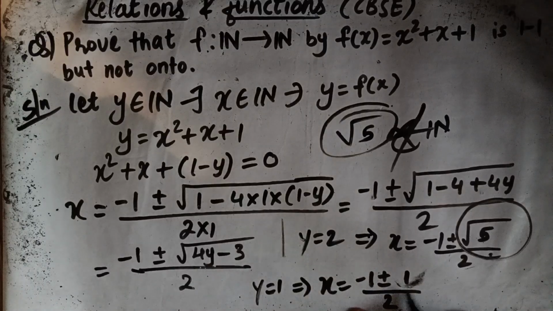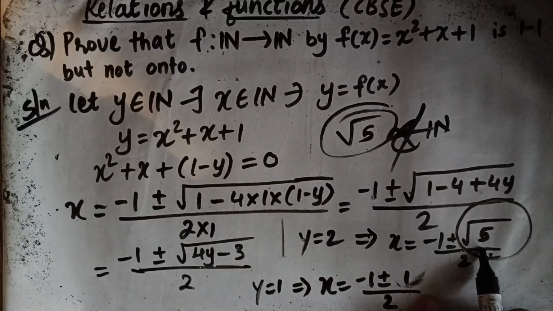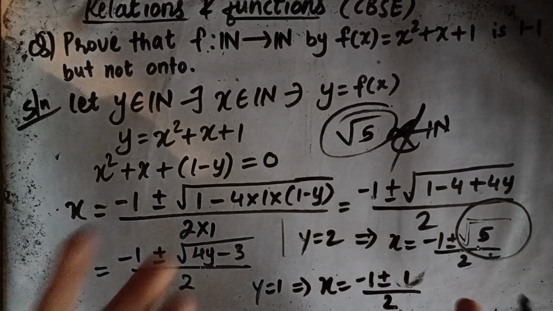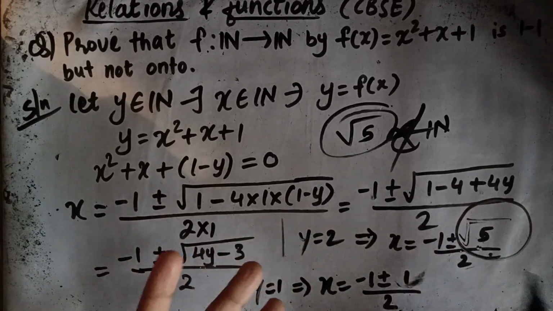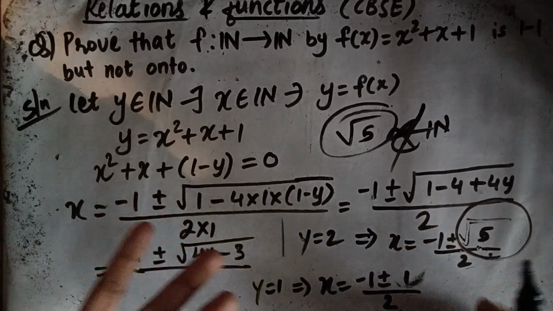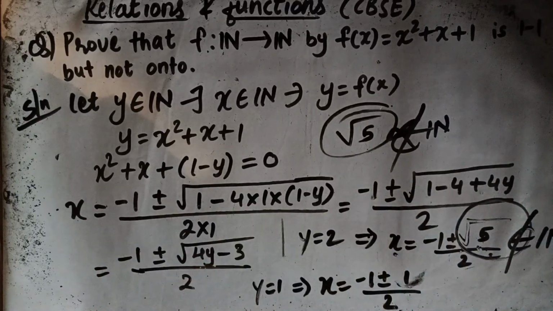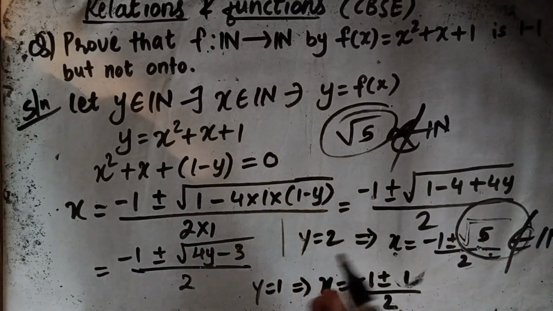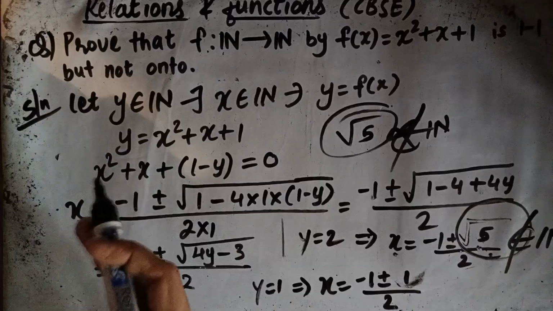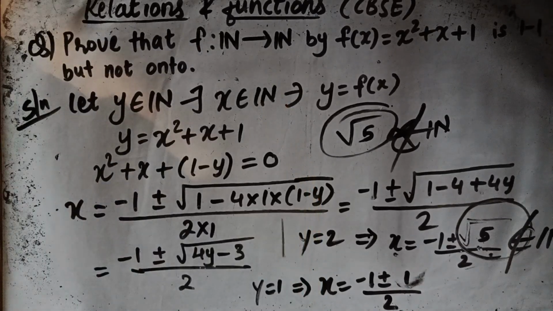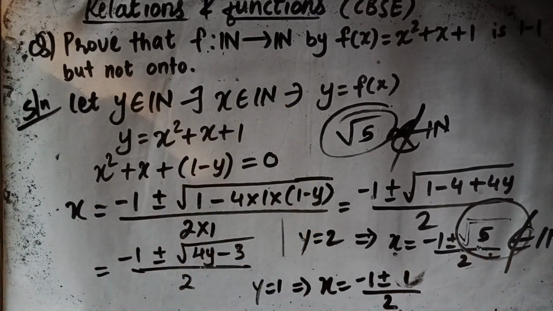But if you take y equal to 2, then we get a number which is under root, and this number is irrational. This is not a natural number, so our x does not belong to the natural numbers. So for y equal to 2, there does not exist a number in our domain. So this is not onto.